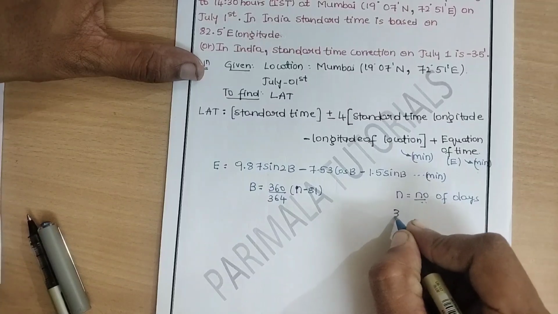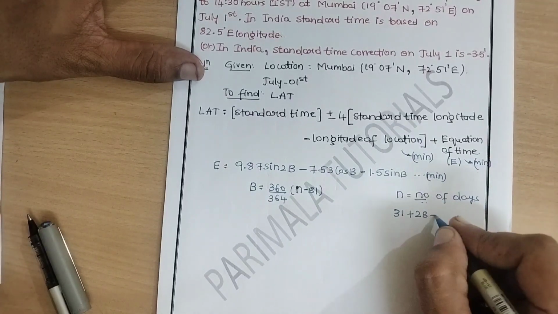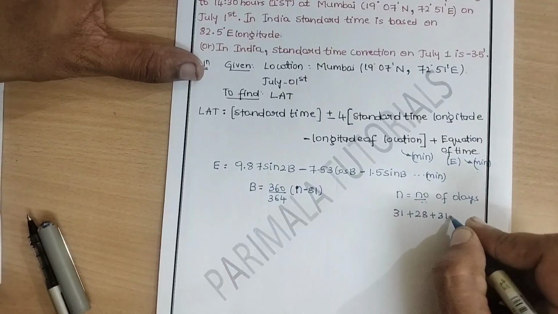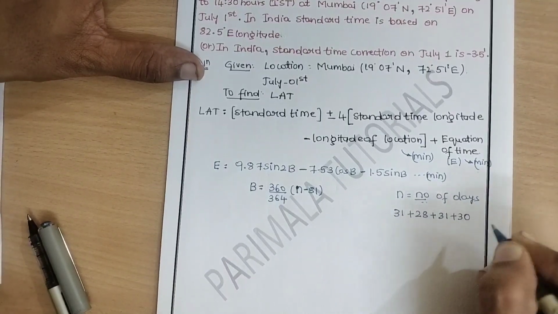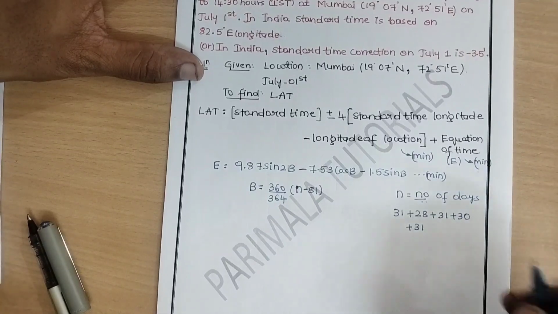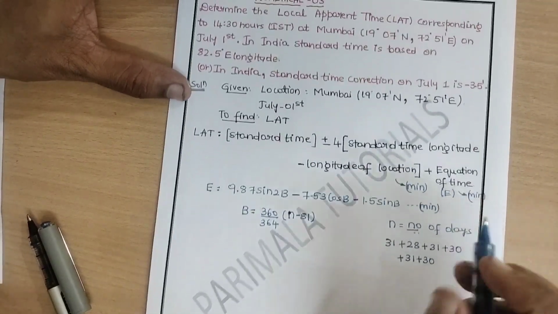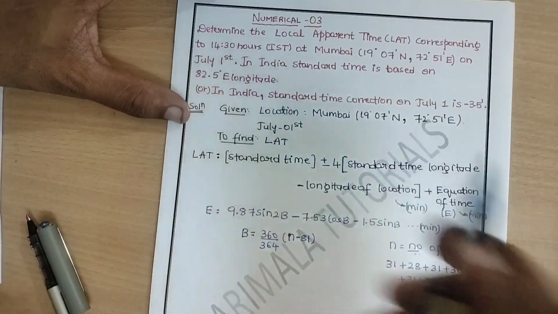So 31 days in January, plus 28 days in February, plus 31 days in March, plus 30 days in April, plus 31 days in the month of May, then June 30 days, plus 1 day. Hope it is clear.